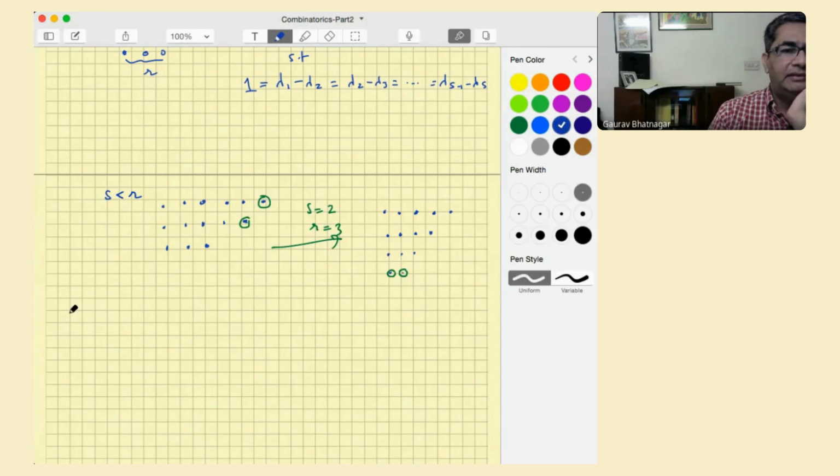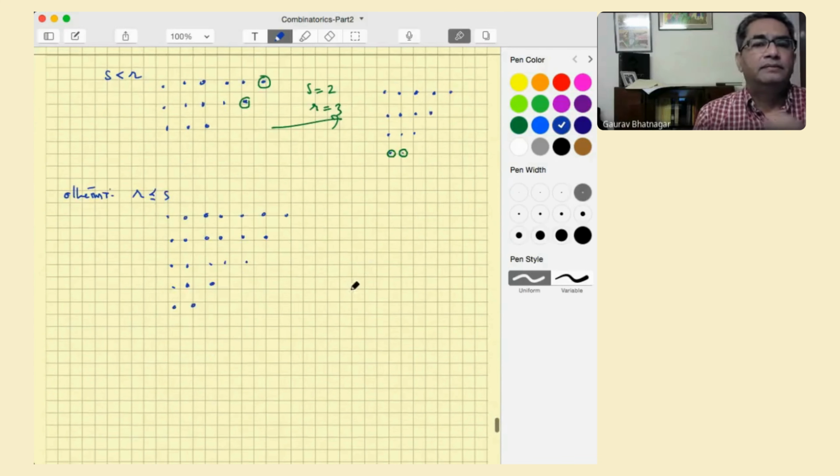Otherwise, if R is less than or equal to S, that means this is smaller than this, then we bring this over here. Let me do an example. This is 3. Now we bring this chap.